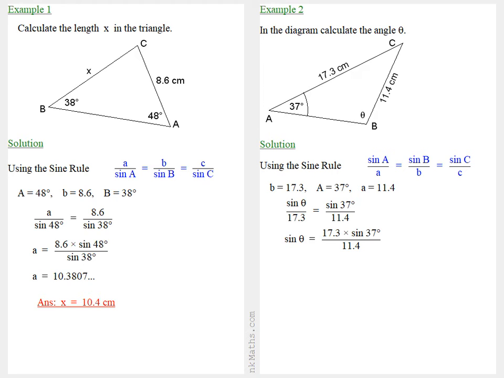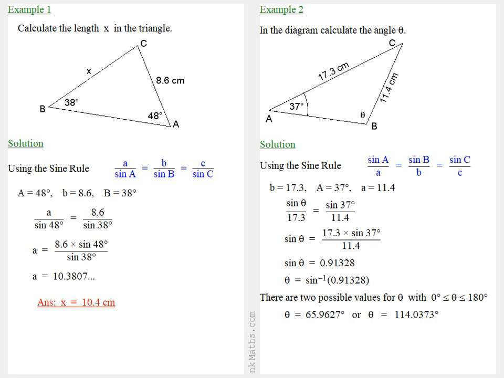Now, if we type that into a calculator, that gives us the sine of theta is equal to 0.91328. So theta is equal to the inverse sine of 0.91328. But for this, there are two possible values of theta within the range 0 to 180 degrees. When we type it into the calculator, we get theta is equal to 65.962.